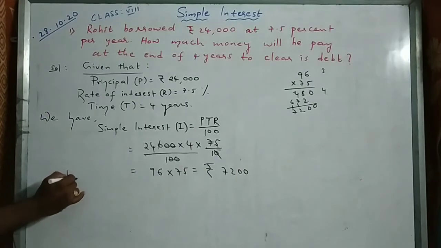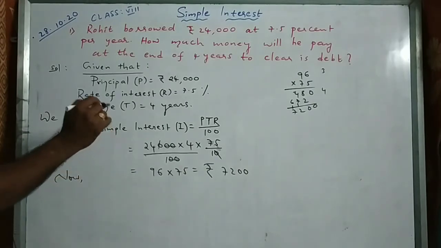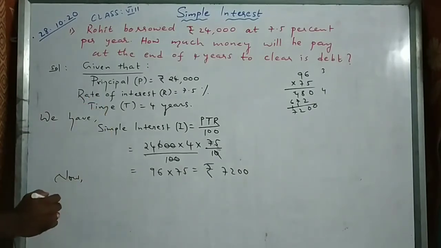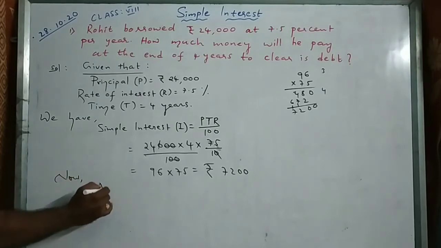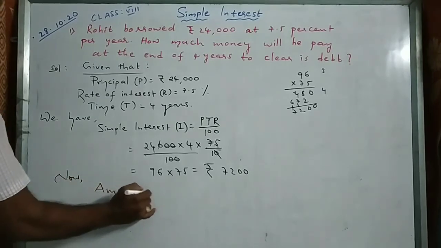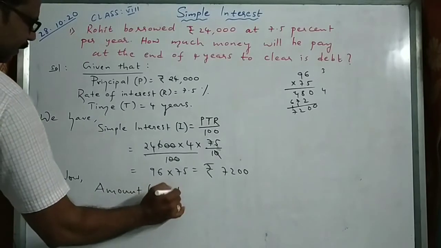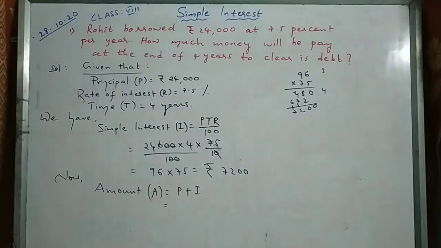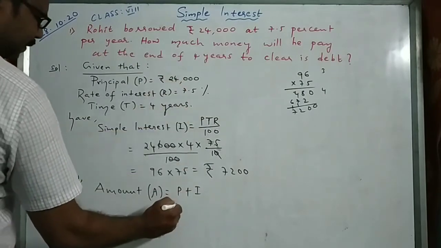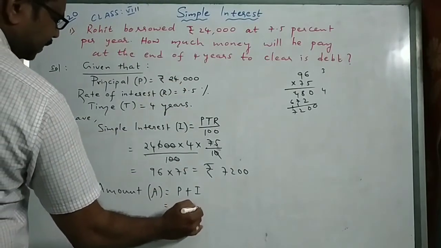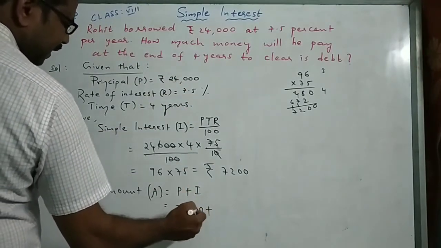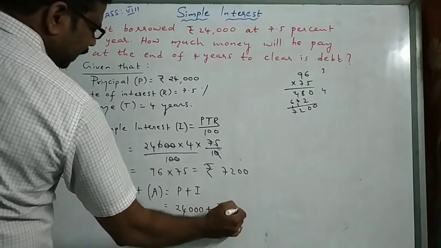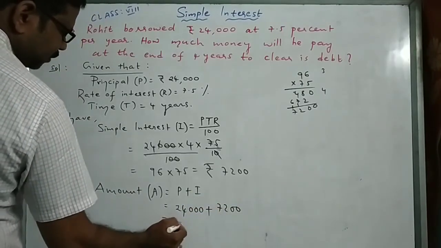Now, what is the total amount he has to pay at the end of 4 years? Means we have to find the amount here. Amount A is equal to, what did I say? Principal amount plus interest. What is borrowed here? 24,000 plus what is the interest on this amount? 7,200. So together he has to pay.